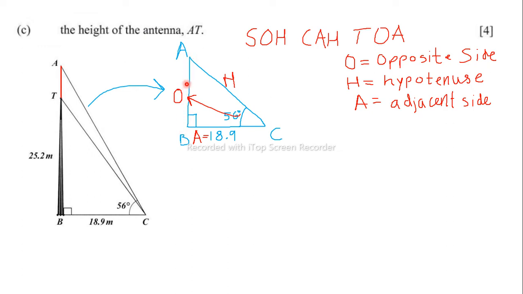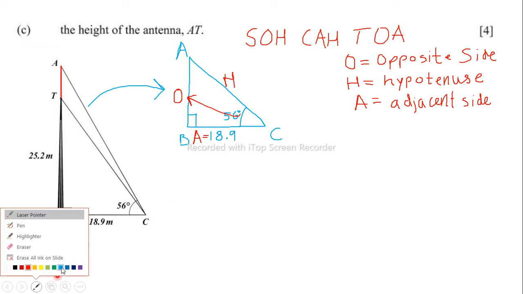So good, that's important. We know what side we're trying to find. That's AB, that's O. Now, what side are we given? The adjacent side. We're given the adjacent, so it's very important. That will tell you which one of these you can use.